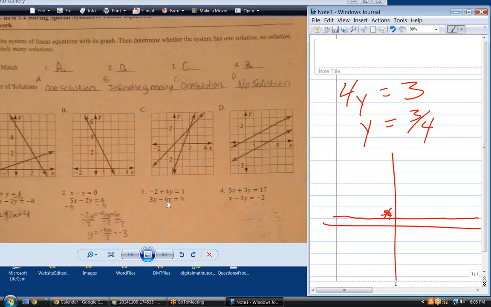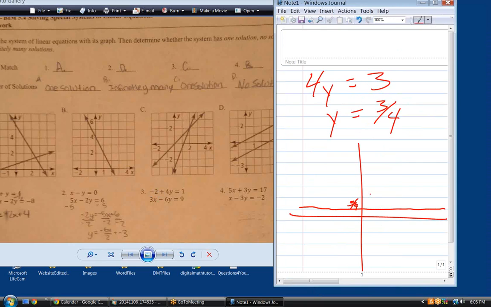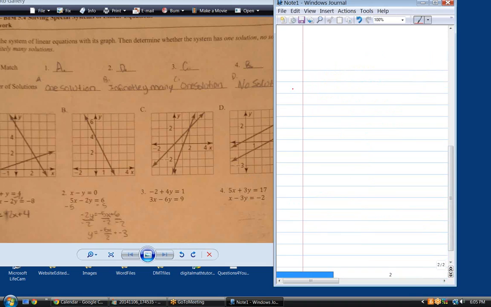Well, I bet this is a typo. That's an X. You left off the X. Notice every other equation is X and Y. So let's pretend that that's an X. Make up what she meant for it to be.